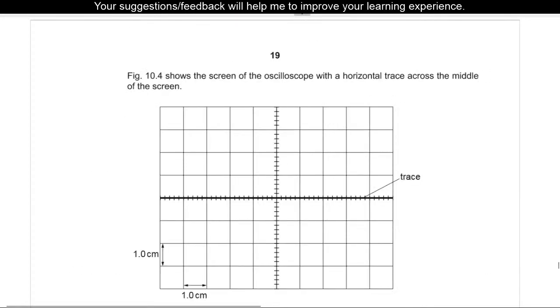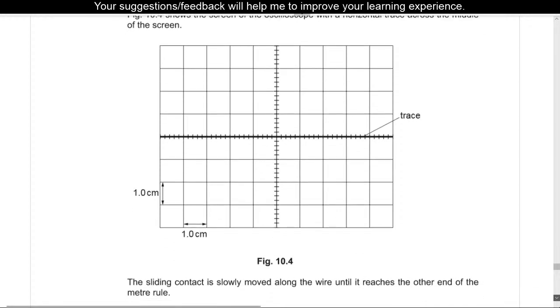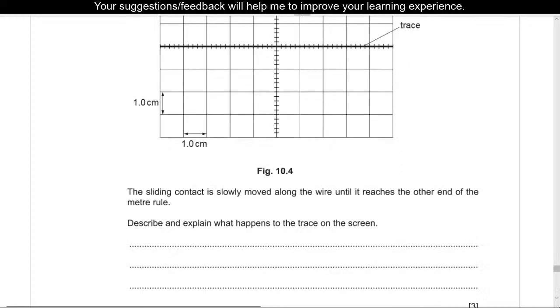Figure shows the screen of the oscilloscope with a horizontal trace across the middle of the screen. The sliding contact is slowly moved along the wire until it reaches the other end of the meter rule. Describe and explain what happens to the trace on the screen.